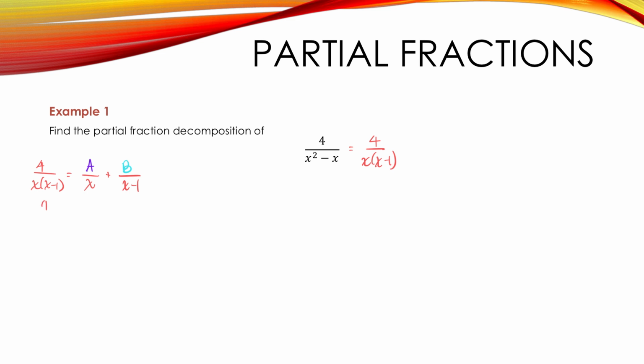take our 4 over x and x minus 1, and we're going to combine our terms over here in the way that we would if we put them over the same denominator, which would be a has to be multiplied by x minus 1. And then b would be multiplied by what it doesn't have, which is x.